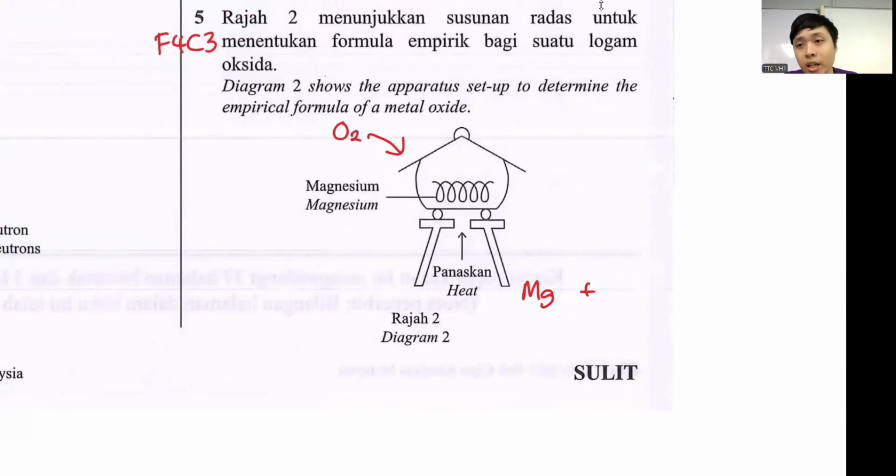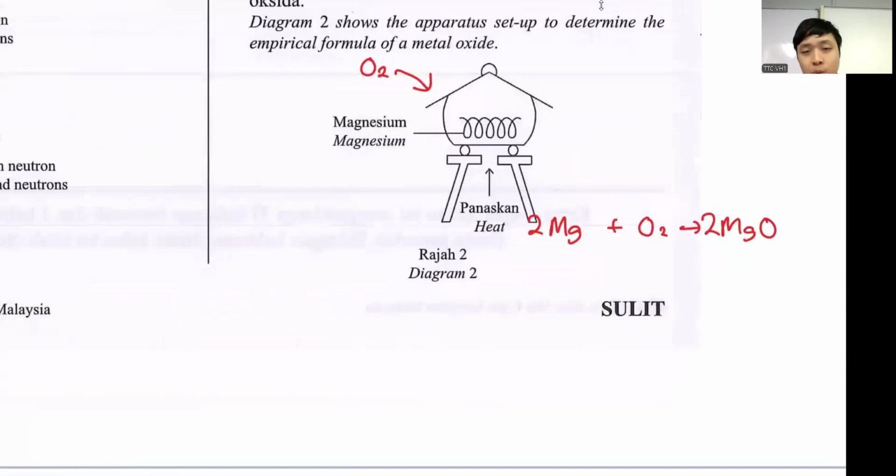Normally in Chapter 3, you have two experiments for this part. One uses Mg reacting with oxygen. One uses CuO reacting with hydrogen gas. This one uses a crucible, which means magnesium burns with oxygen gas to get MgO. But they ask which metal can also replace magnesium.